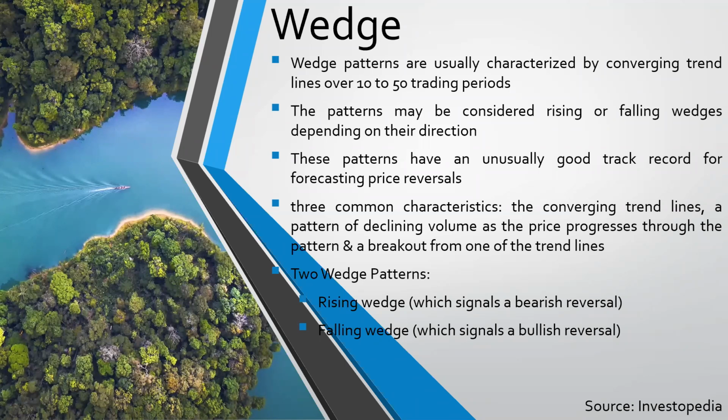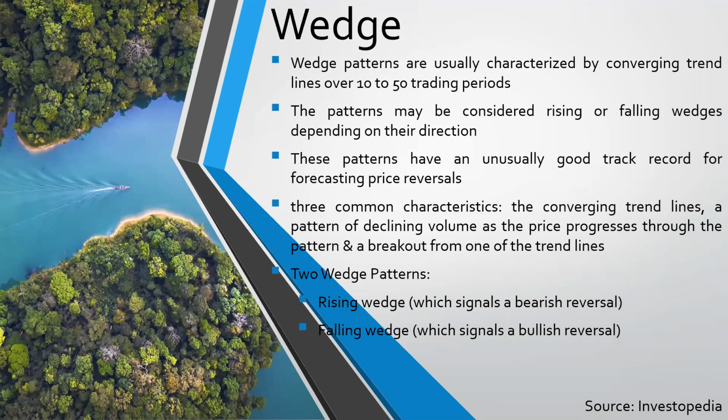Again, we discussed trend lines. A trend line is basically just connecting the price of a security based on its trend, whether it's an upward or a downward trend. So the first thing is the converging trend lines.